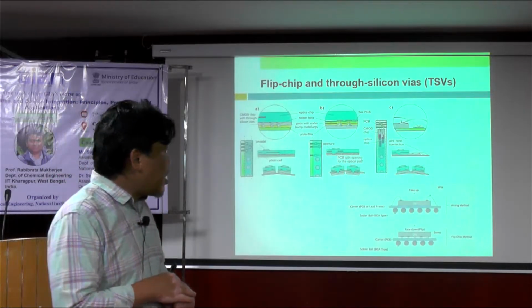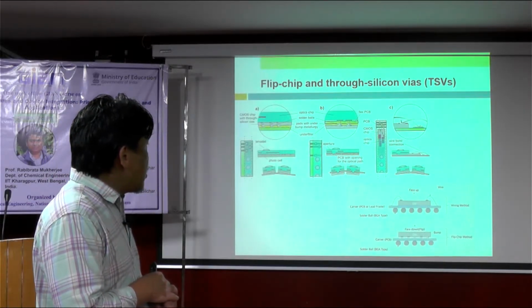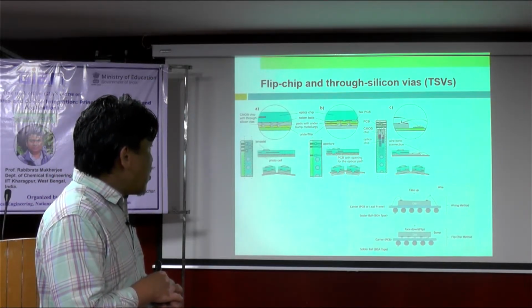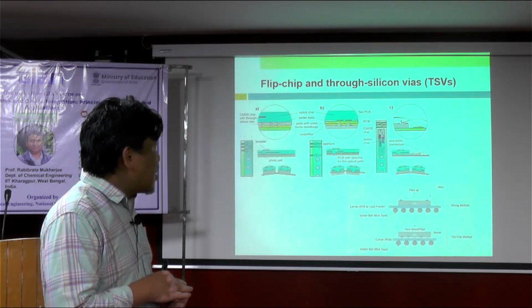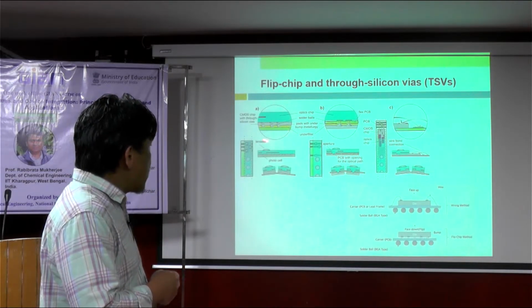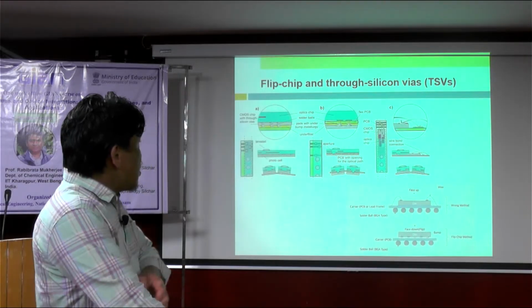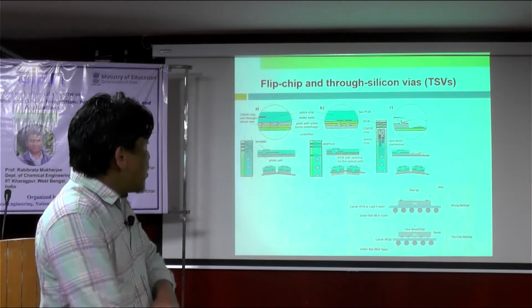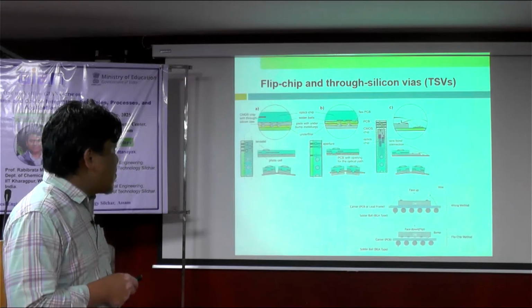The stacking will help with a lot of devices to be integrated together, and the use of silicon via will reduce the footprint of the device as well as improve the performance.